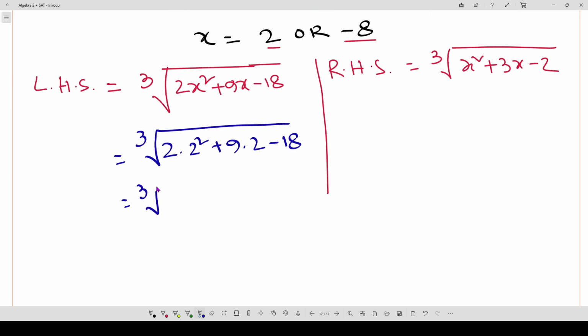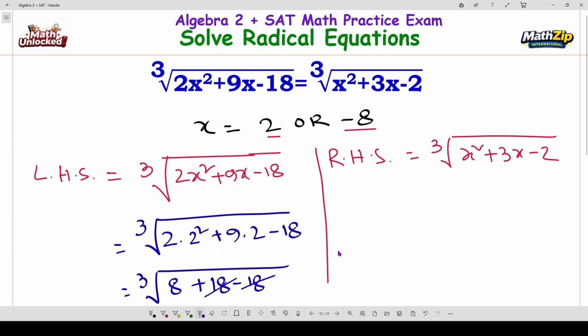Here is the cubic root of 2 times 2², which means 4, 4 times 2 is 8, plus 9 times 2 is 18, minus 18. So this 18 and 18 cancel out. 8 is 2 to the power 3, and once we take the cubic root, we get the power 1/3, so the 3 and 3 cancel out, and we get 2. Now on the right side, we also put 2. So here is the cubic root of 2² plus 3 times 2 minus 2.